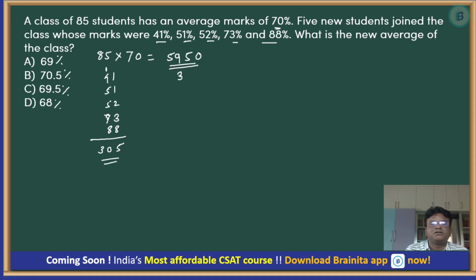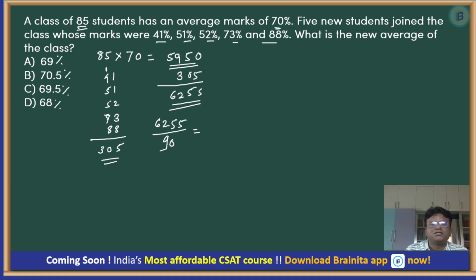Let me add 305 to 5950. So this becomes 6255. Total number of students becomes 85 plus 5 new students, which is 90. So the new average would be nothing but 6255 divided by 90.